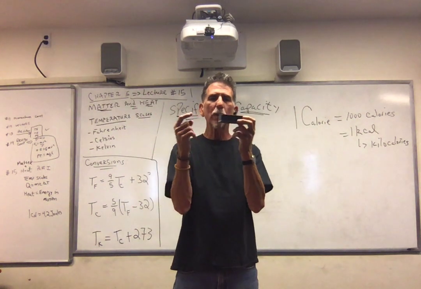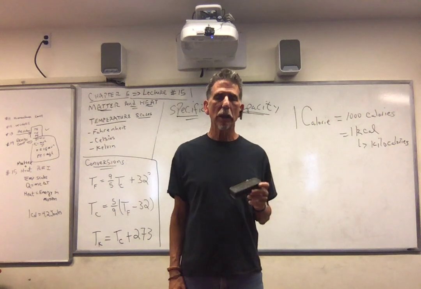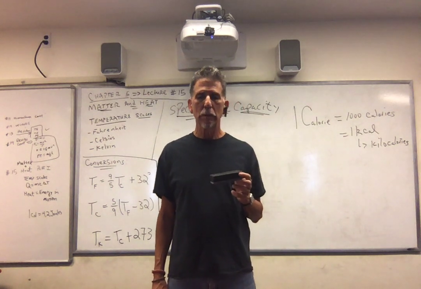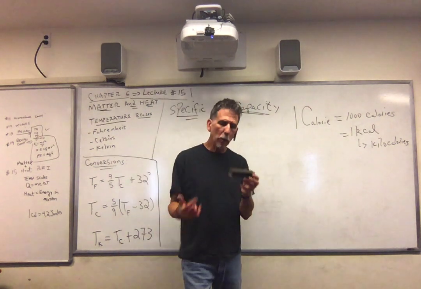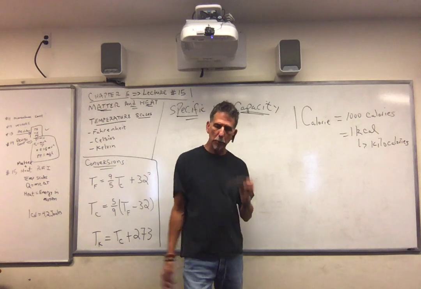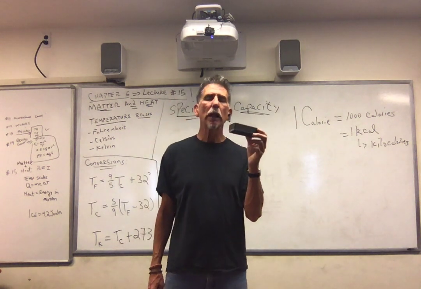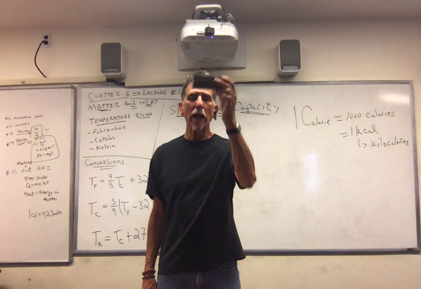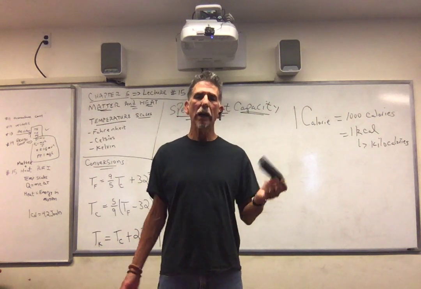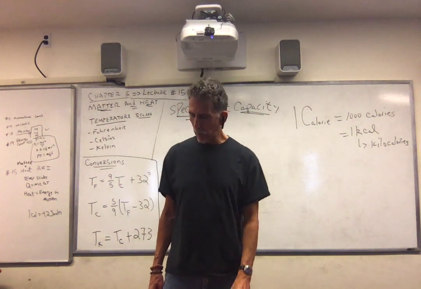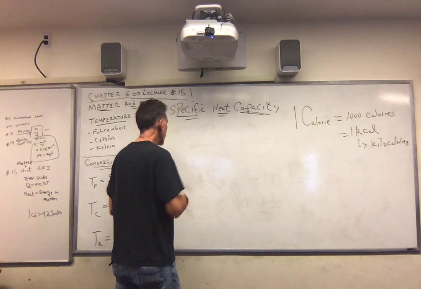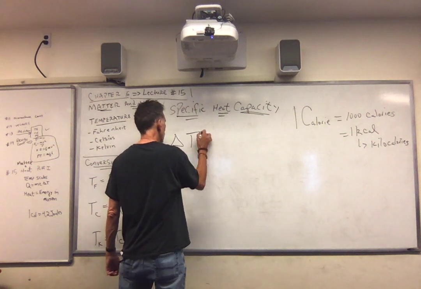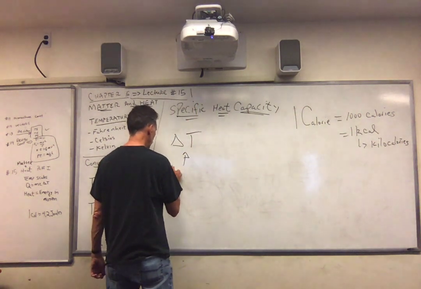Suppose I add 100 calories of heat to this piece of copper. What would happen? Again, no tricks. You know when you add heat to something, put a flame, add heat. If I add 100 calories of heat to this, the block would get hotter. There would be a change in temperature. So I'm going to write change in temperature, delta T.